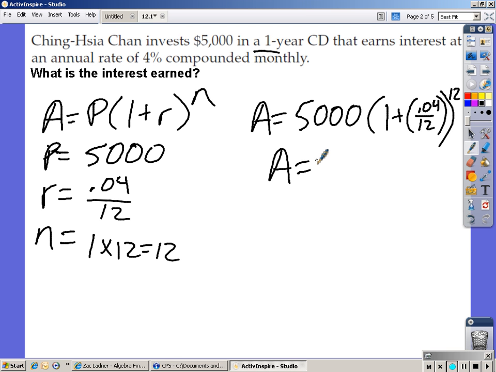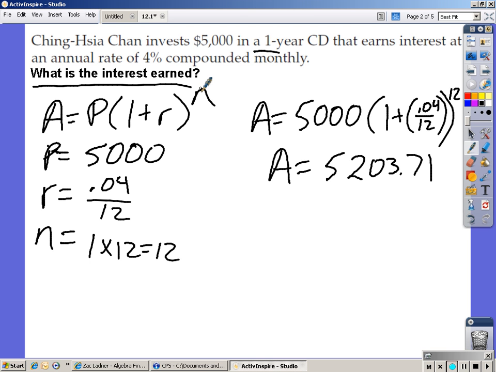$5,000 times 1 plus 0.04 divided by 12 to the 12th power equals 5,203.71. Now, that is the total amount that the CD is worth. But the question is, what is the interest earned?